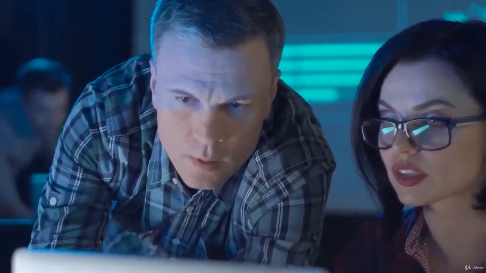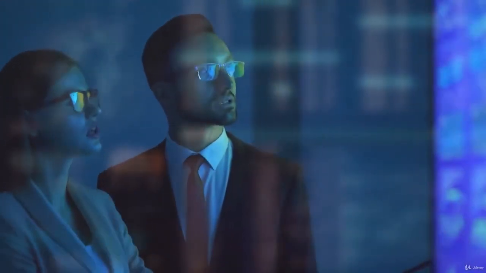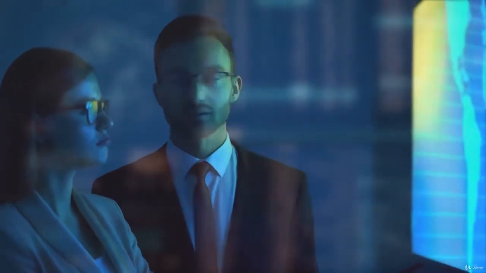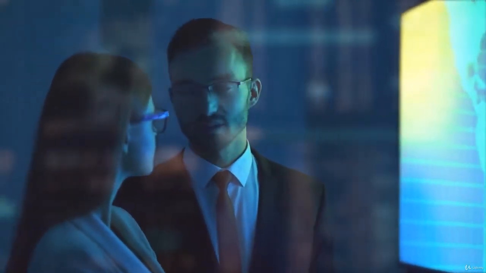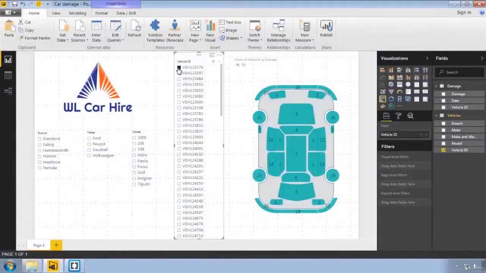And the main objective of this course is to provide a hands-on introduction to Microsoft Power BI. We begin the course by getting an overview of all the key moving parts of the Power BI product. In this first section, we take our first look at Power BI Desktop, the Power BI Service, and Power BI Mobile.